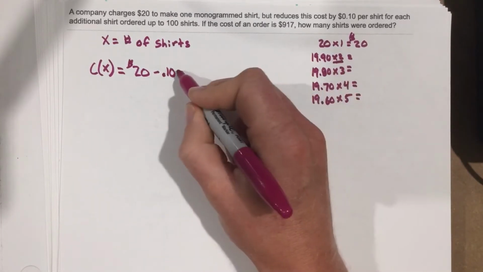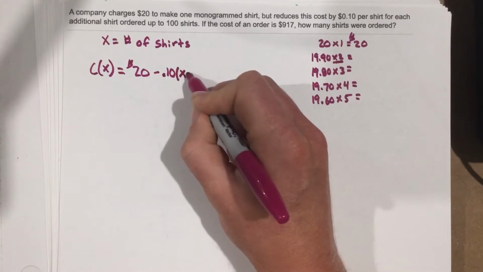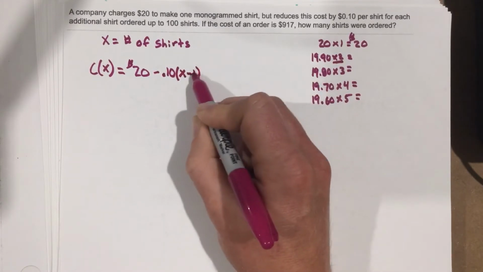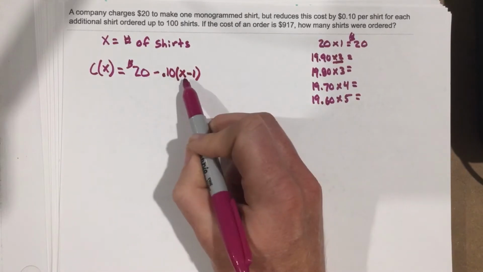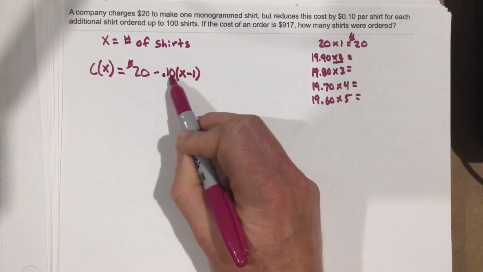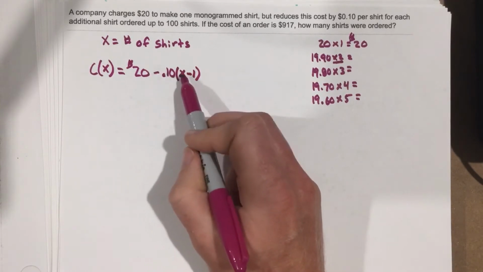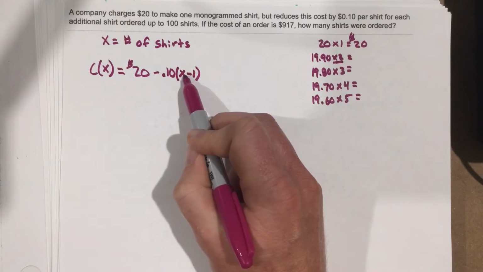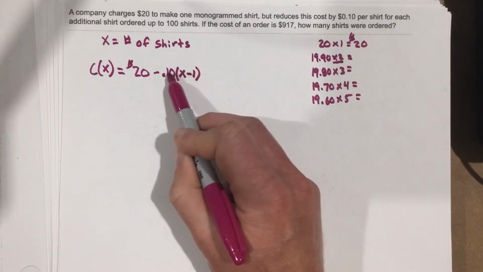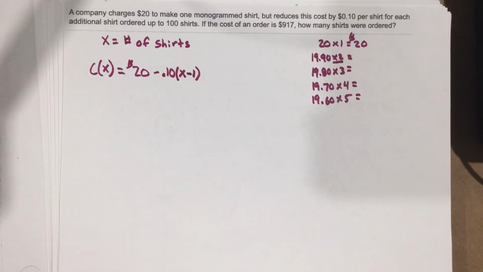So we're going to say here in parentheses that this would be the number of shirts minus 1, because the first shirt I'm going to ignore. That way when I plug a 1 in here, 1 minus 1 is 0. Take it times this and it cancels it, leaving you just with 20 bucks. But when I put a 2 in there, 2 minus 1 is 1. Now I'm going to subtract out the 10 cents for the second shirt.